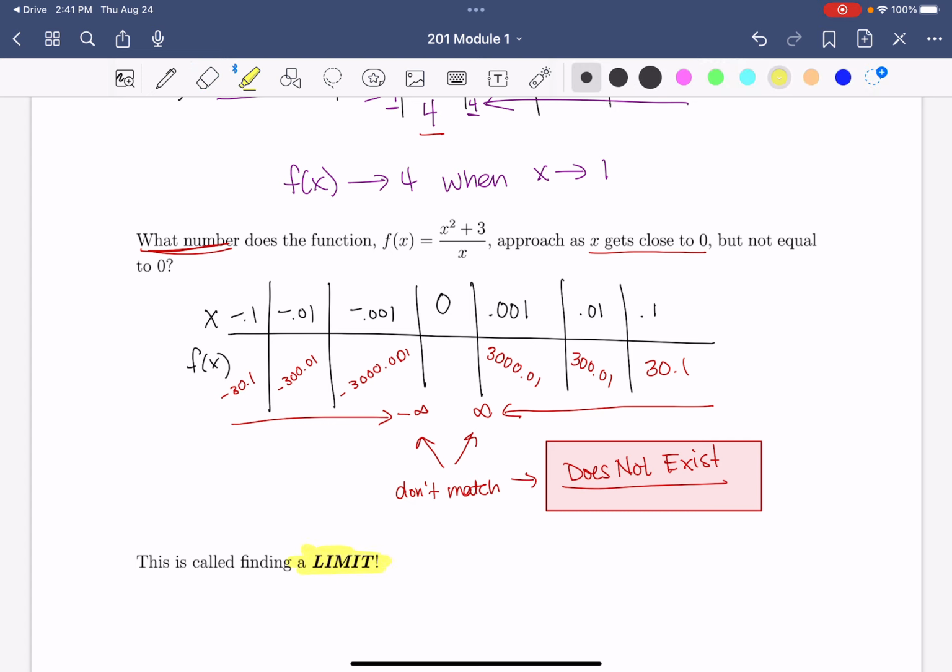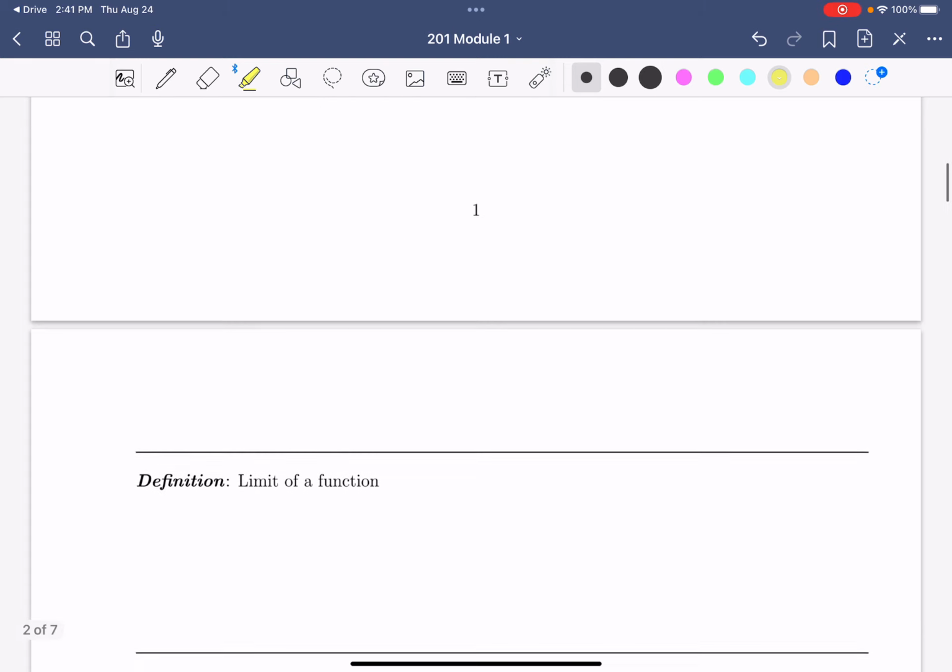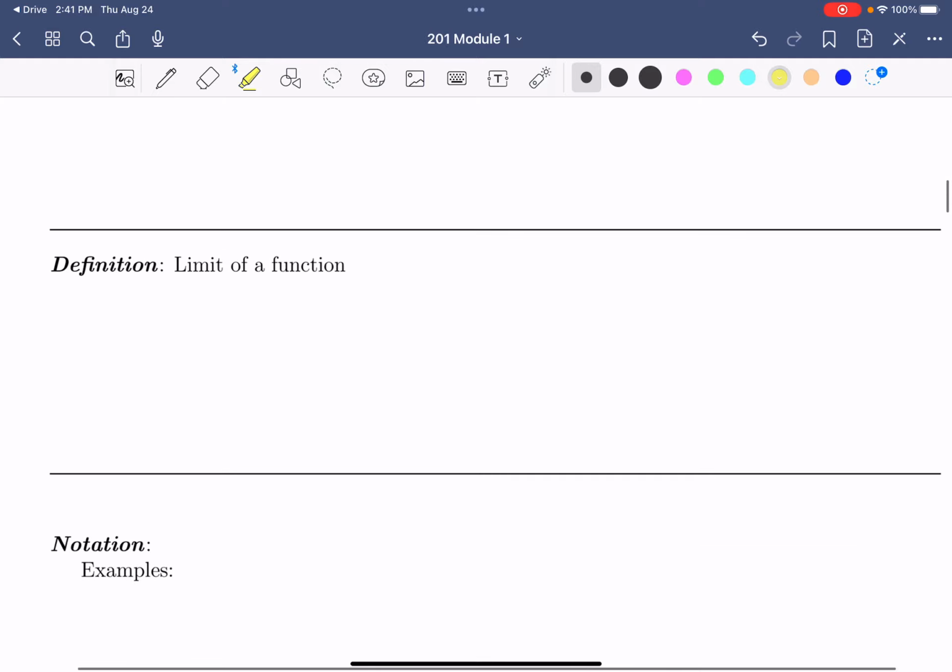So this process is called finding a limit. So the definition, the limit of a function. Okay, so we're going to get some notation involved in here.